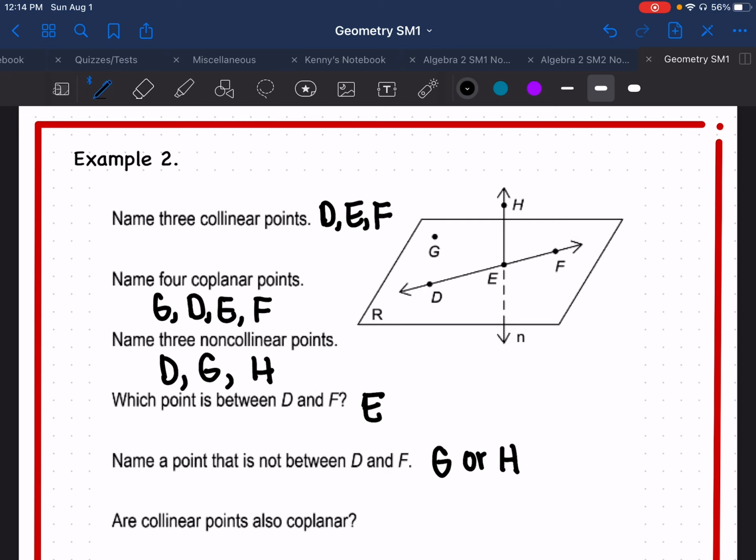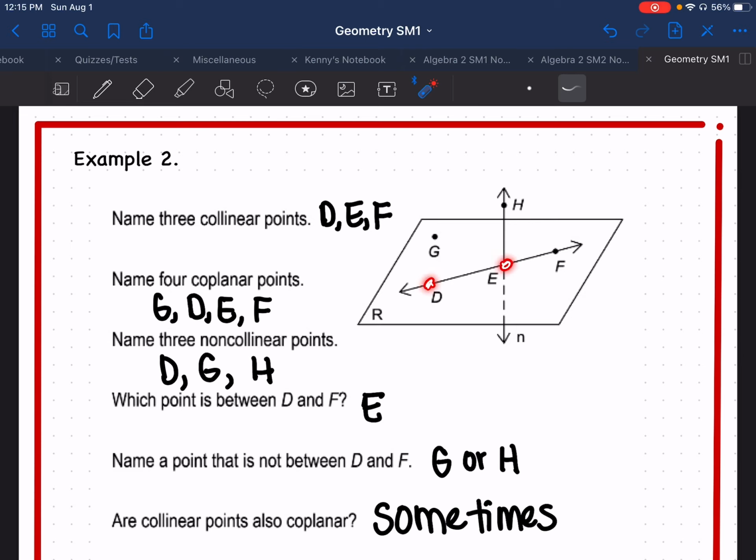Are collinear points also coplanar? Sometimes. That's going to be my answer. And let's take a look at our picture.